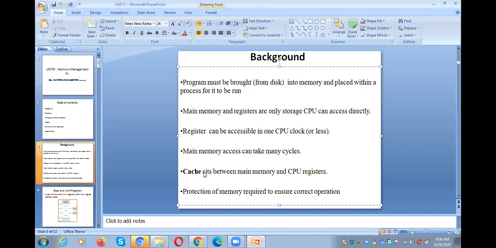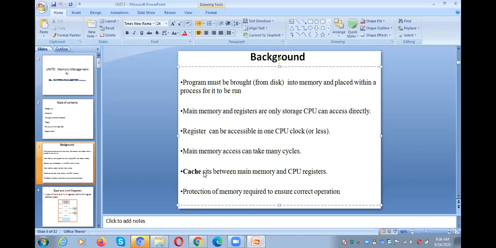Whatever information we use frequently, we keep in the cache. The instructions which are accessed by the CPU frequently are usually kept in the cache. The cache is in between the main memory and the CPU registers.